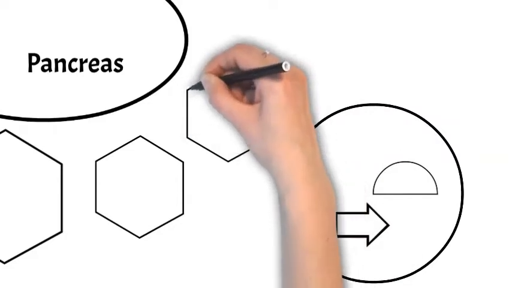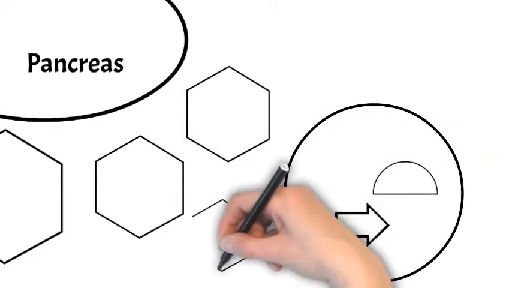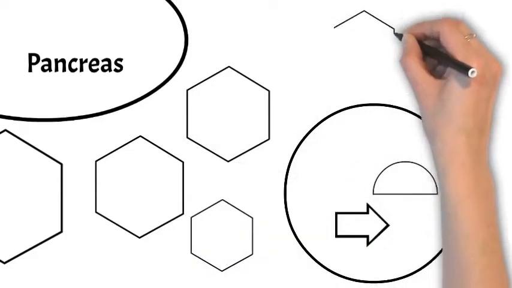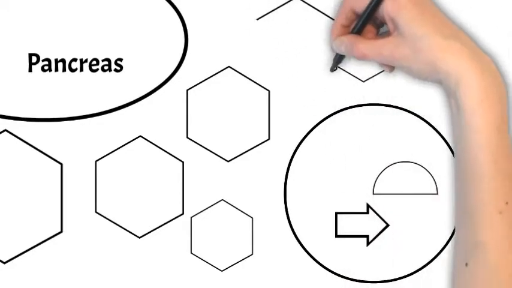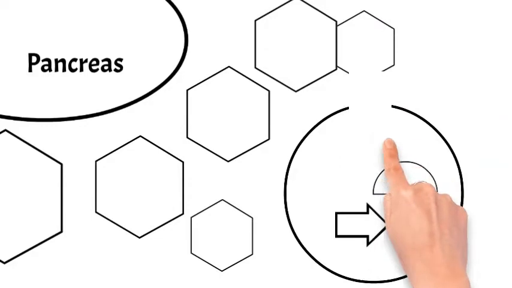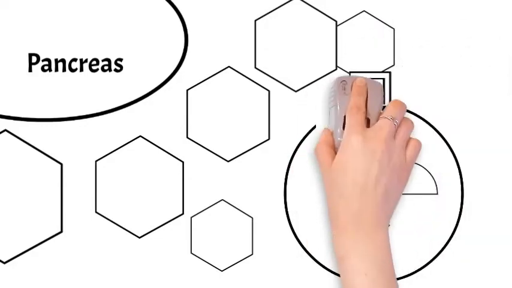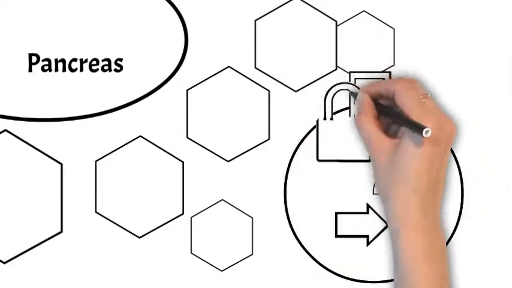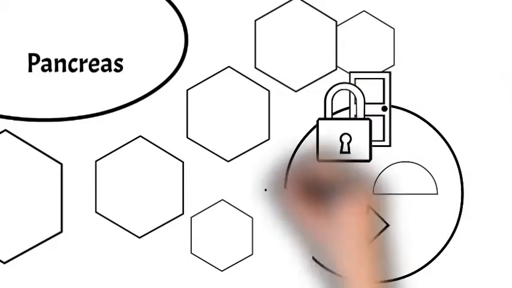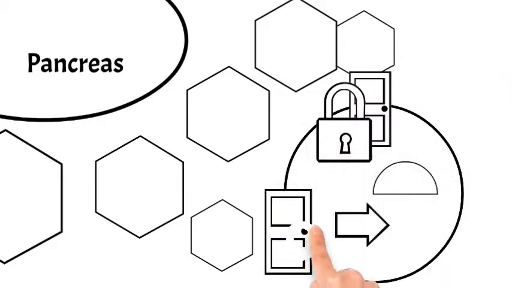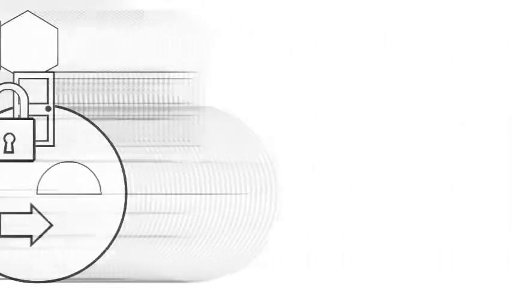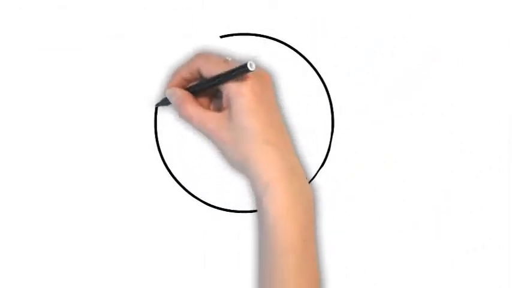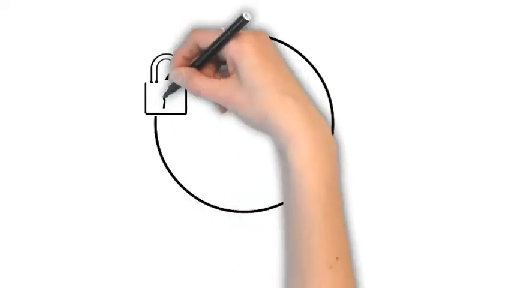Something in the body triggers this, some kind of stress situation, and the sugar builds and builds and builds in the blood, but it's still not going into the cell. The cell is absolutely locked because we don't have these keys to get the sugar inside. As you can see, the cells of the body remain locked up like Fort Knox.